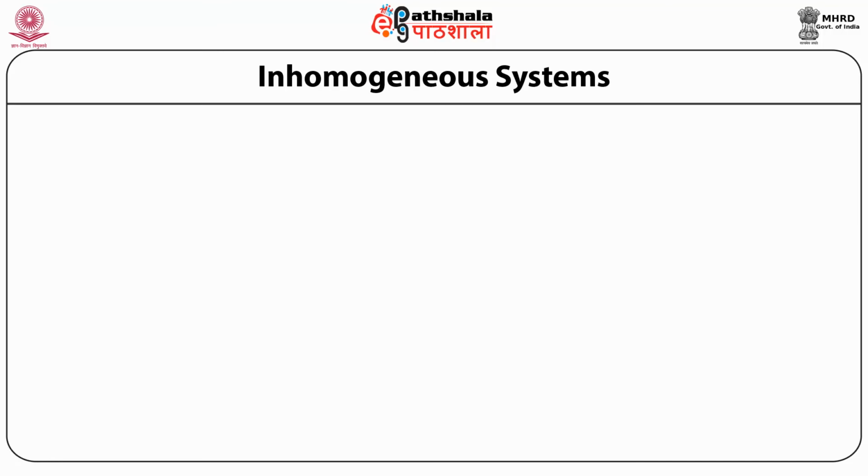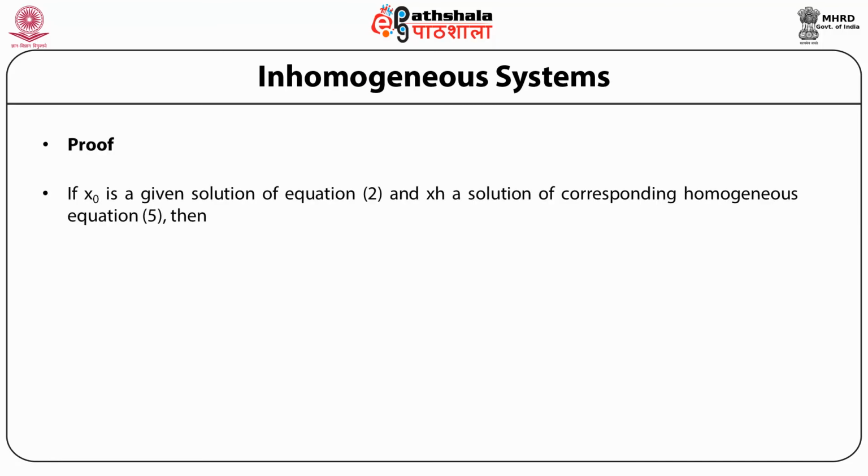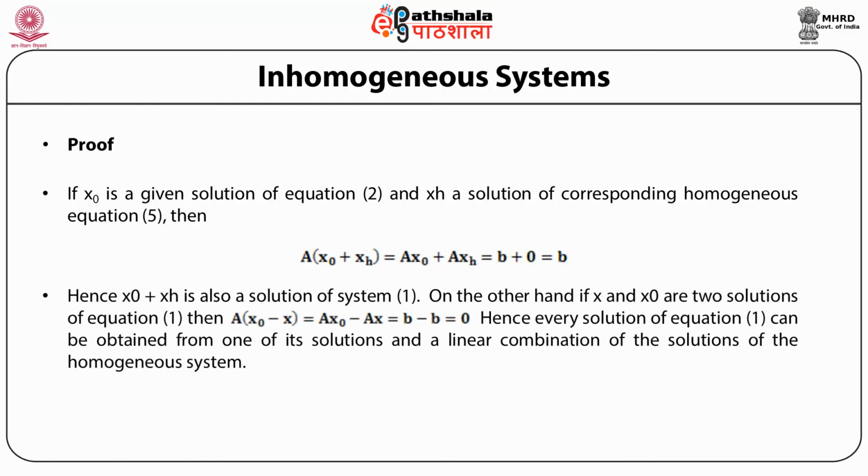Let us prove it now. If x naught is a given solution of equation 2 and xh is a solution of the corresponding homogeneous equation 5, then A times x naught plus xh is equal to A times x naught plus A times xh, which equals B plus 0 and is equal to B. Hence, x naught plus xh is also a solution of system 1.